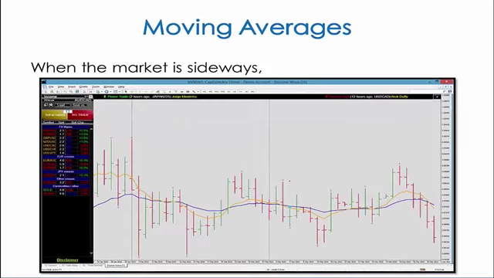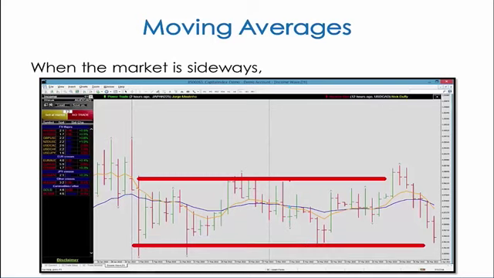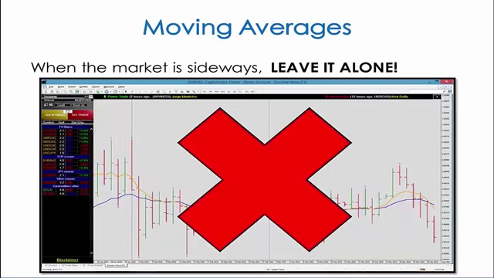But we've got 3 different types of market condition. We've got sideways markets as well. When the market is sideways, like this for example, you can't really miss it. When the market is sideways like that, we quite simply want to leave it alone. We don't want to touch it at all, because that's somewhere that you go to lose money rather than make money.